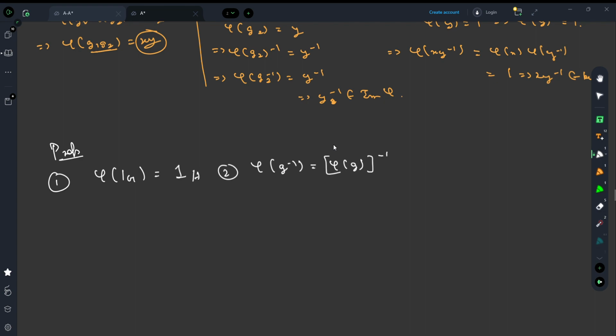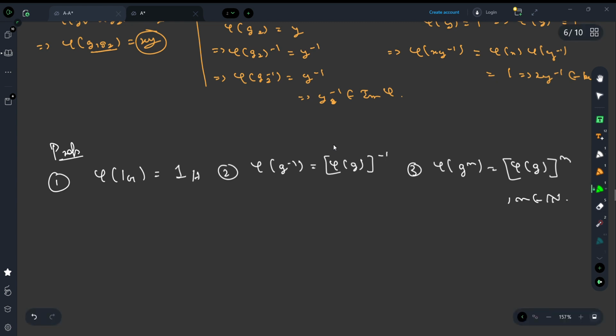Now, in a way, I have used this in the above proof. So it was sort of wrong to do that before introducing it. But for completeness, we will prove it here, obviously. And number 3 is that phi of g to the power n is phi of g whole to the power n, obviously for n in natural numbers. Let's prove these statements one by one.